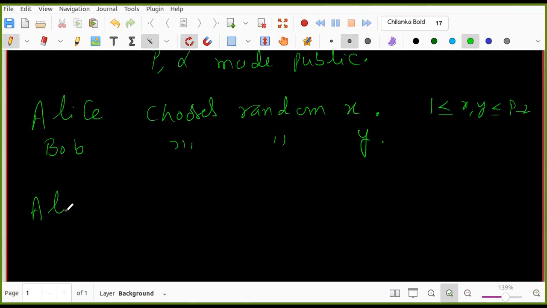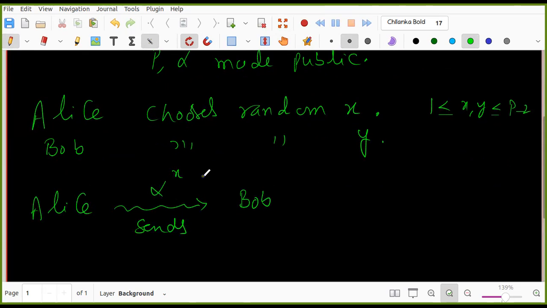So Alice computes and sends. What does Alice send? Can somebody recall? Alpha raised to x mod p. Of course, everywhere mod p is there. Alpha power x mod p is sent to Bob.